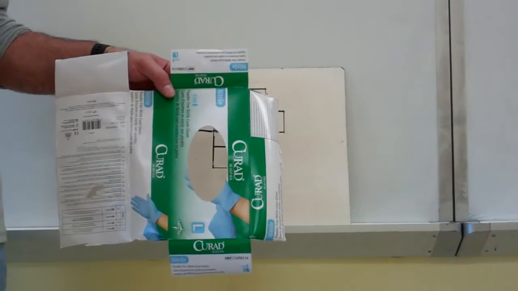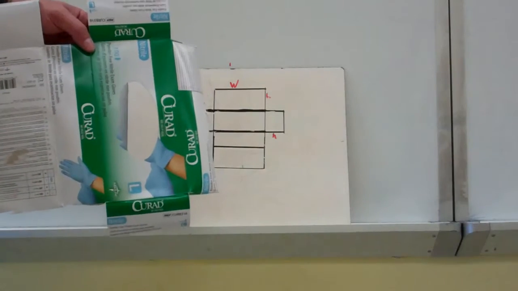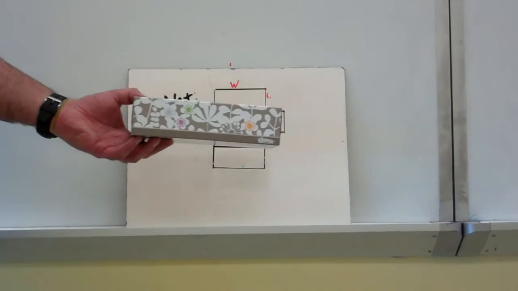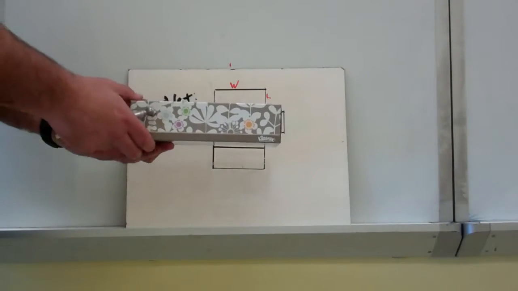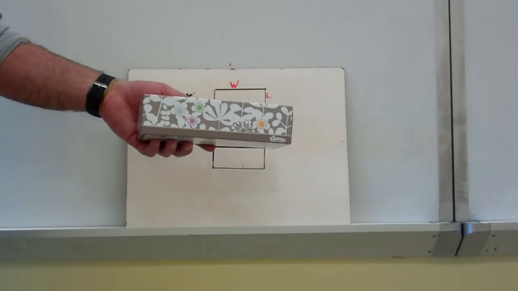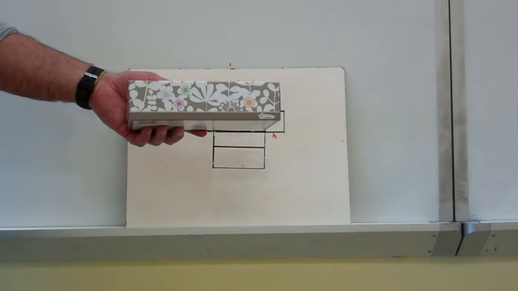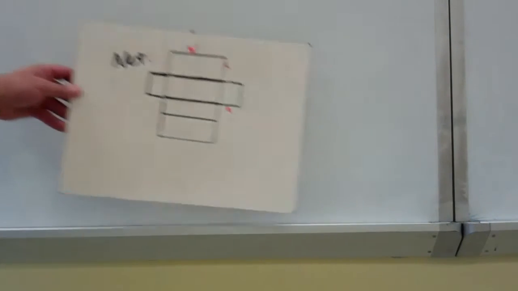Another example would be wrapping a gift. For example, say I wanted to wrap this tissue box. I think everyone would be really excited to get a tissue box. But if you wanted to wrap this up for a birthday or something, how much wrapping paper would you need?